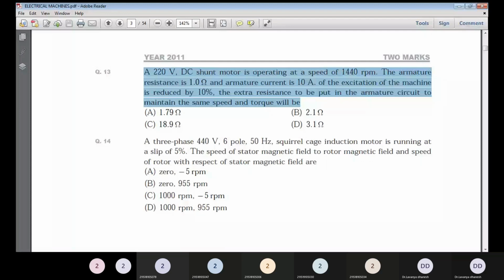Both are back EMF, so we are not going to find out the back EMF separately. If you put the ratio as 2, we will get this one. You can rectify it.